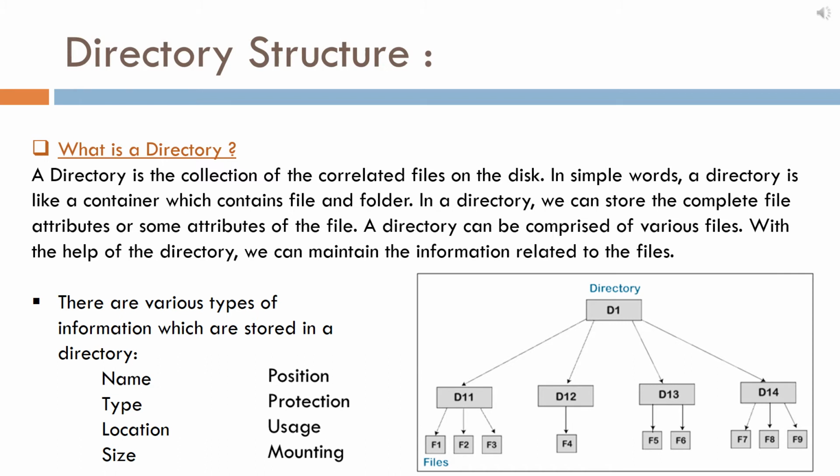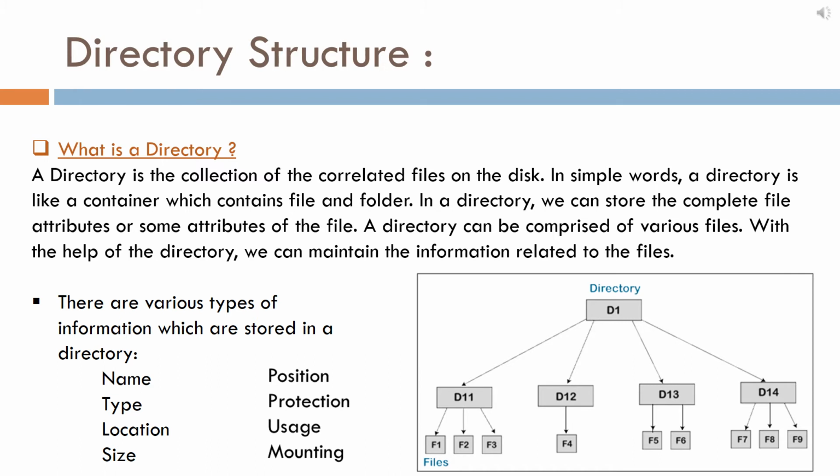The next one is location. Location is the location of the device where the header of a file is located. Next one is size. Size means number of words, blocks, bytes in the file.